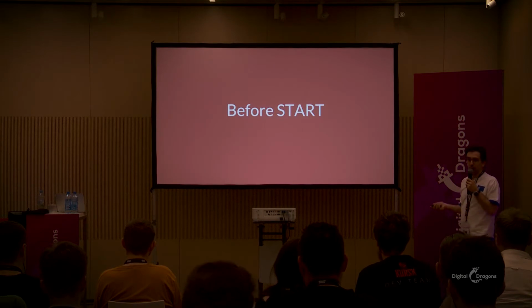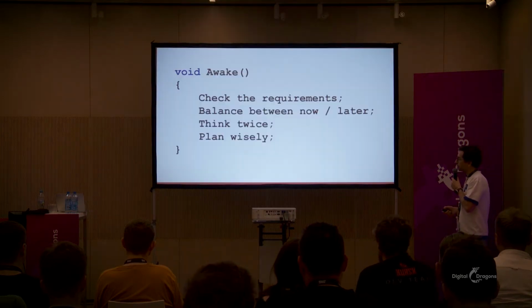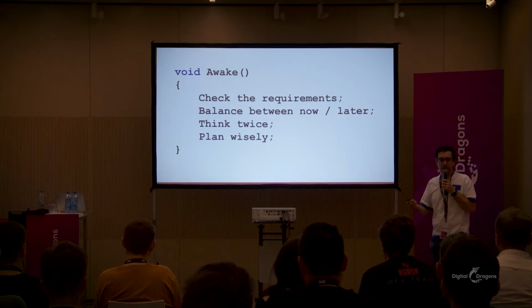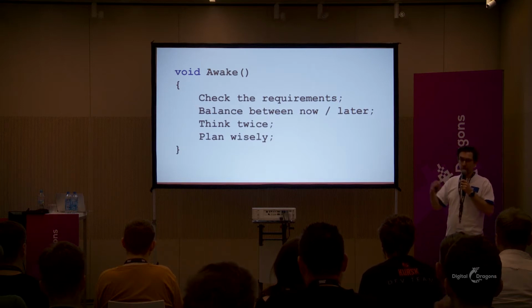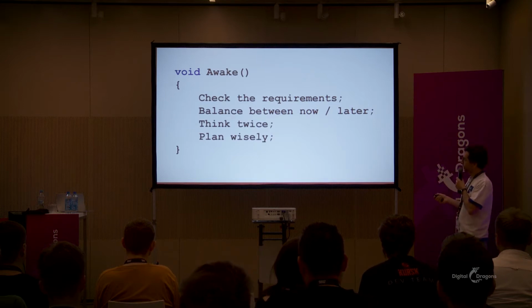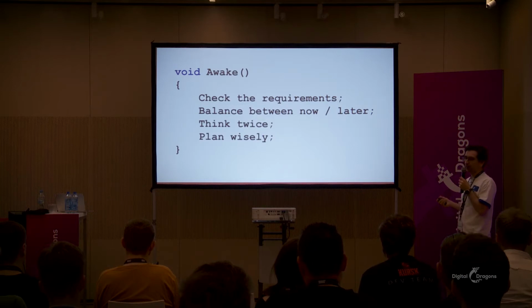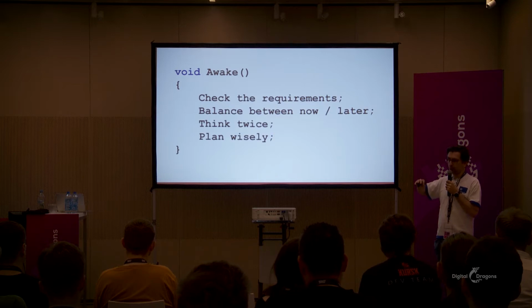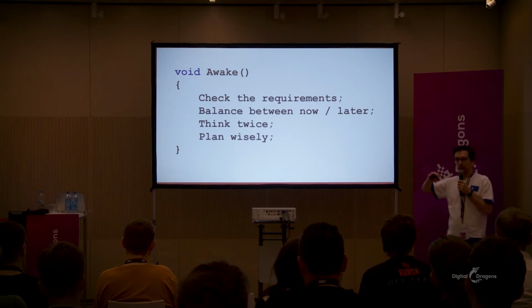So what do we need before starting? We first need to check the requirements of the game, or of the games that we are going to develop. This is very important because depending on the kind of games that we are making, we want to have some components more reusable than others.